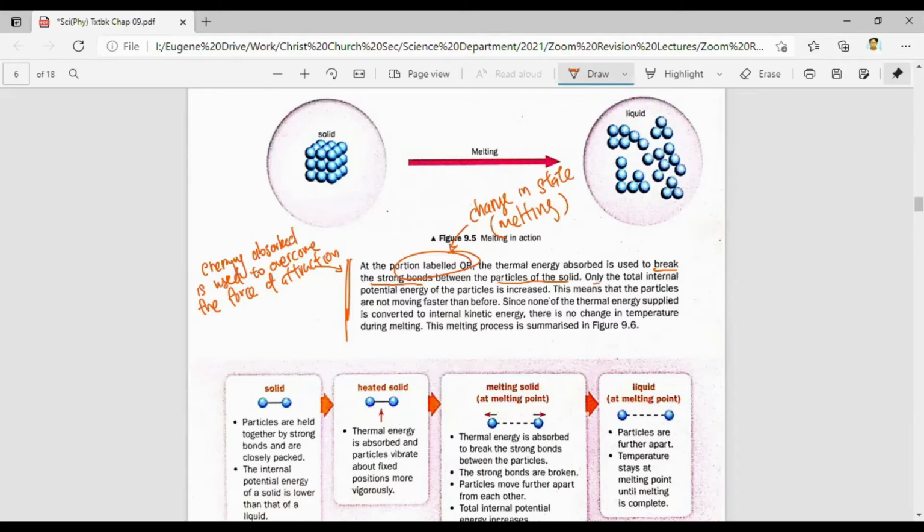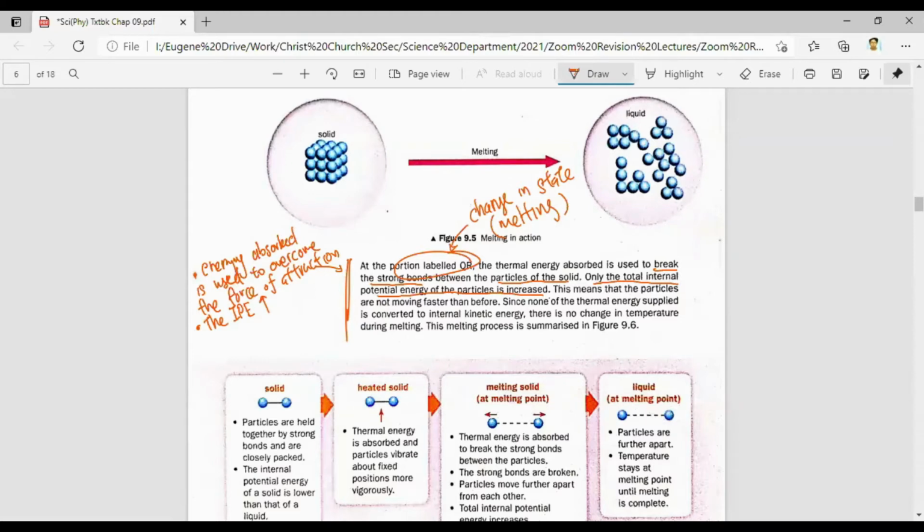At this point, what did they say? Only the total internal potential energy of the particles is increased. So what I can add on, the next point, is the IPE increases. Sorry, let me write this nicer. So energy absorbed is used to overcome the force of attraction. The IPE increases.